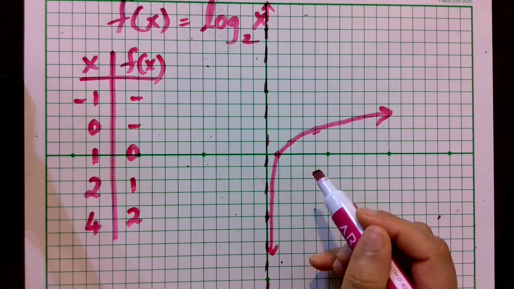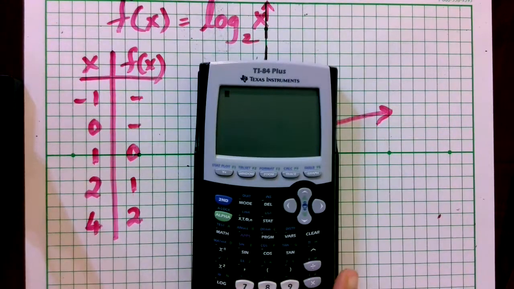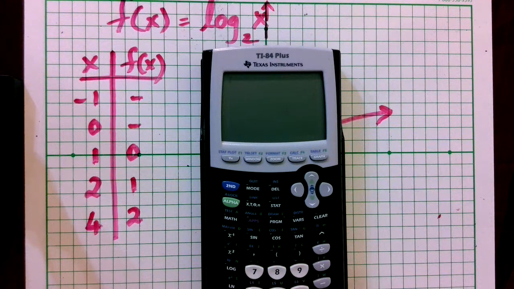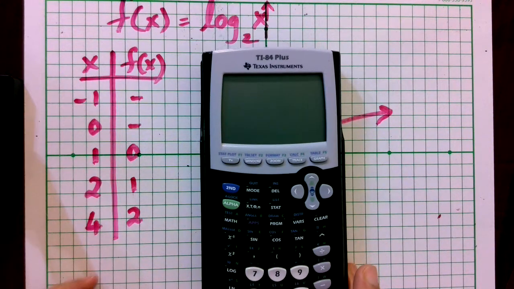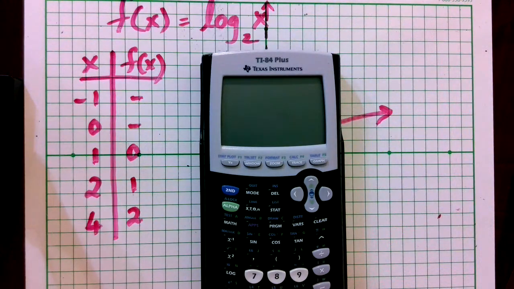And if you are thinking, how can we get these values using a calculator? Let me go ahead and show you that. I have my calculator here, and we need to find out log of -1 to base 2. So this is how you put it in the calculator.